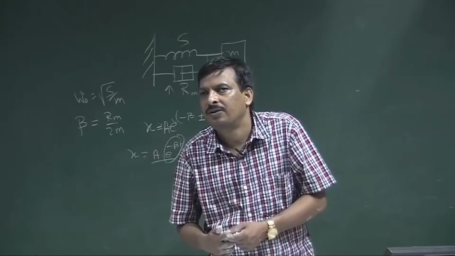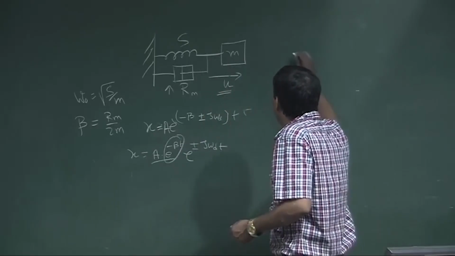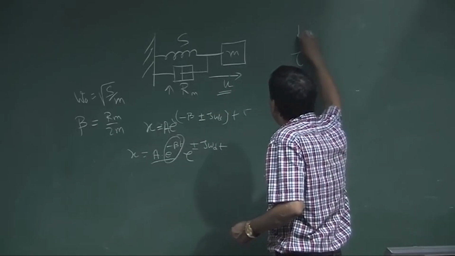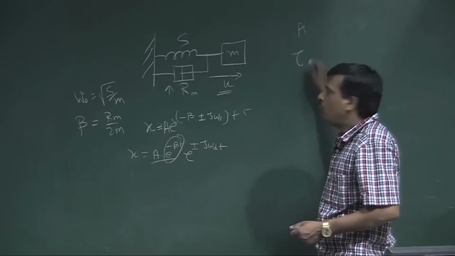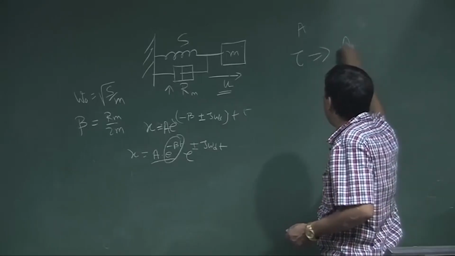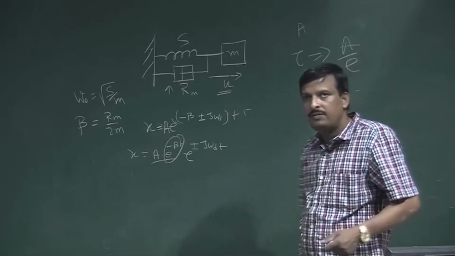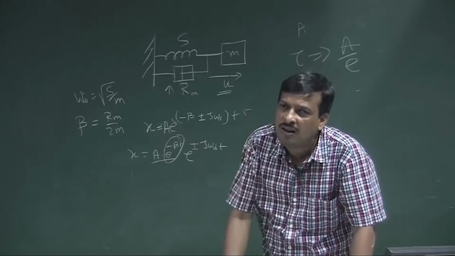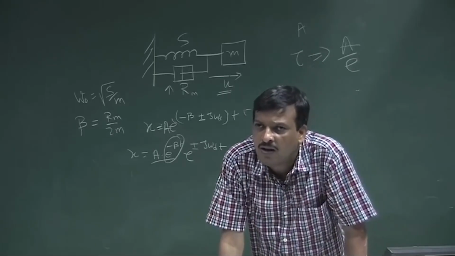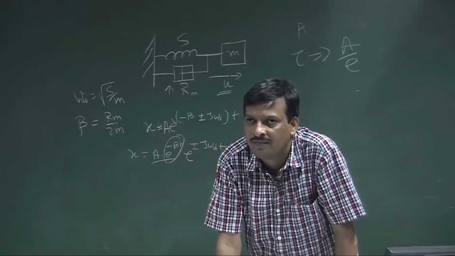So, let tau be the time taken to reduce the amplitude from A to A by e. That tau is called characteristic time or relaxation time.